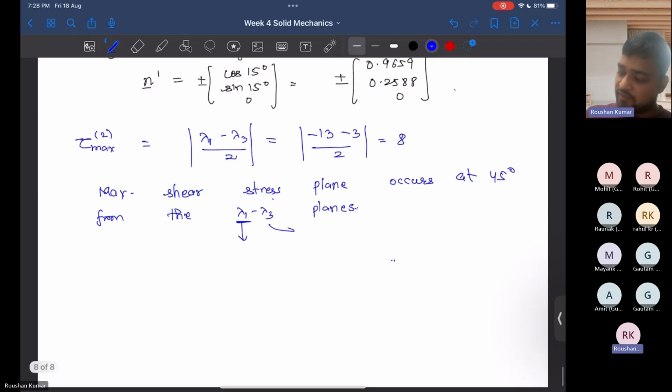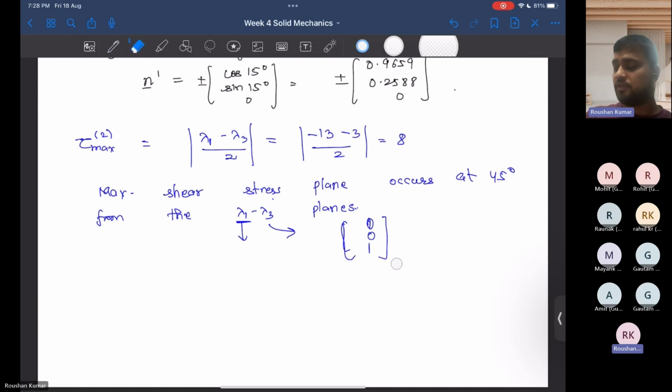And the lambda 3 plane is nothing but 0 0 1, that is, it is along the E3 direction. So the normal of lambda 1 plane is already found above, and lambda 3 plane is given by 0 0 1, and we have to take the resultant of these two.